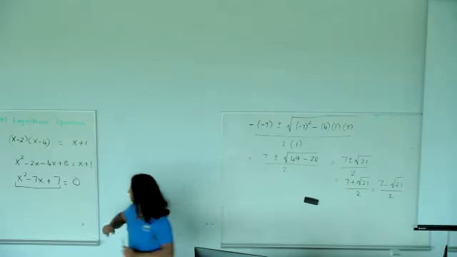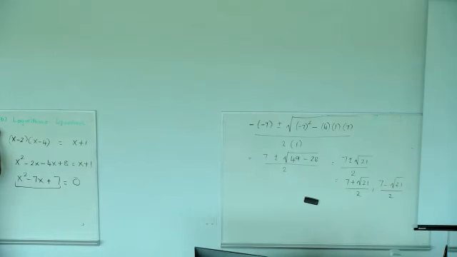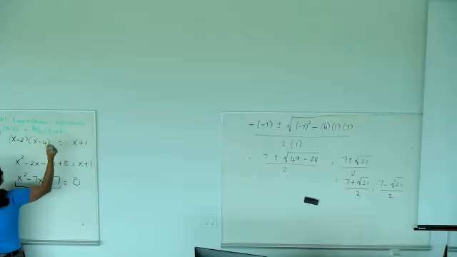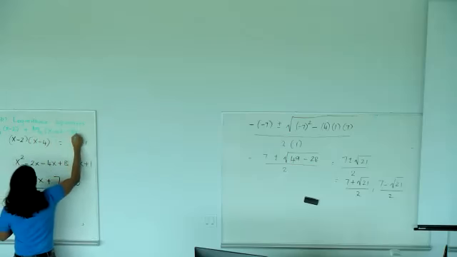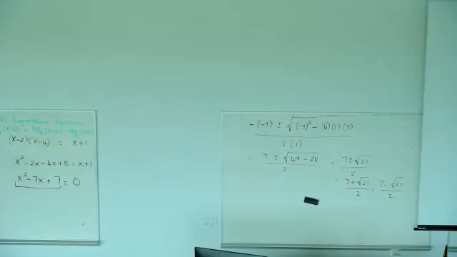Now, in a problem like this, you have to check if both of them are valid solutions. Going back to the original problem, I had log base 4 of x minus 2, plus log base 4 of x minus 4, equals log base 4 of x plus 1. That was the original equation.